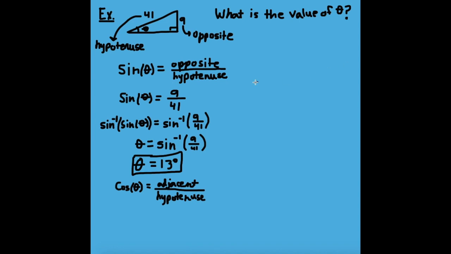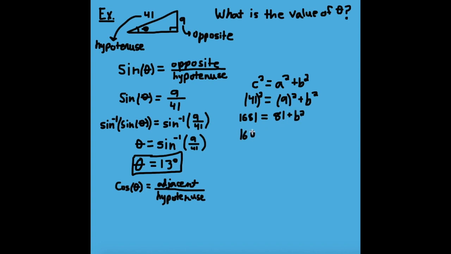The Pythagorean theorem is c squared equals a squared plus b squared, where c is the hypotenuse and a and b are the legs. So we get 41 squared equals 9 squared plus b squared. We then get 1681 equals 81 plus b squared.